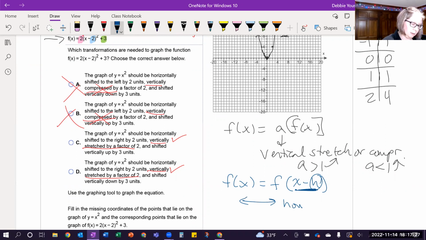So this is a horizontal shift, forgive me for any sloppy handwriting here. And it's either left or right.